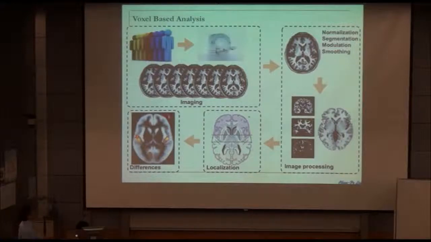So you can see that we must have a group of subjects, and then a lot of signal processing to register the brains into the same space and into the template, and then identify the different regions, for example white matter, gray matter, and CSF, and then have the mask to identify specific regions. Then we have everything localized, and we can see the difference.